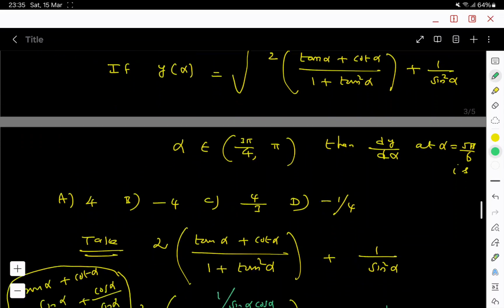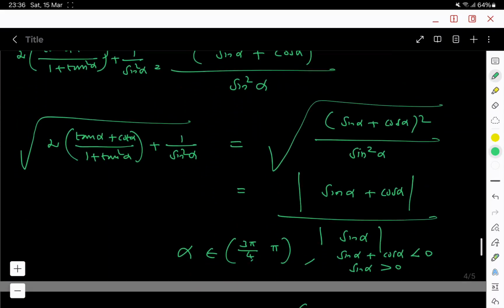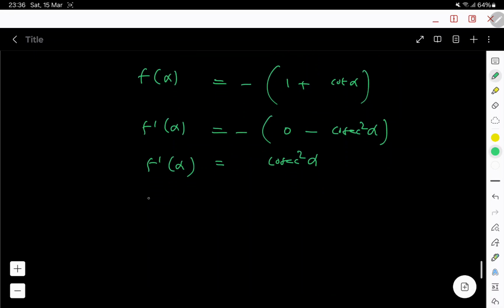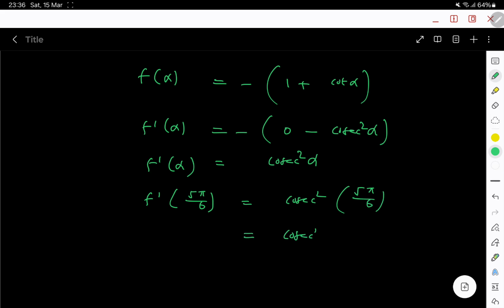But the question is to find dy by d alpha at 5 pi by 6. So now we find f dash of 5 pi by 6, that is cosecant square of 5 pi by 6. This is pi minus pi by 6.